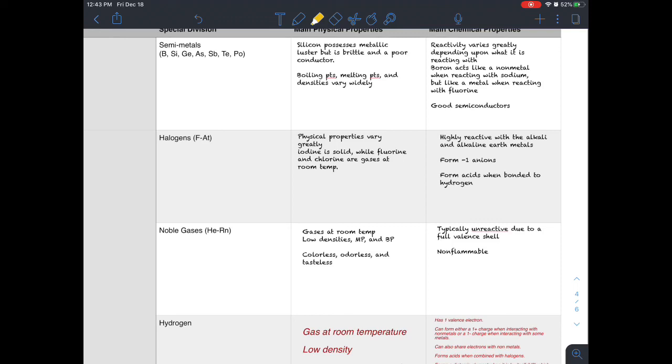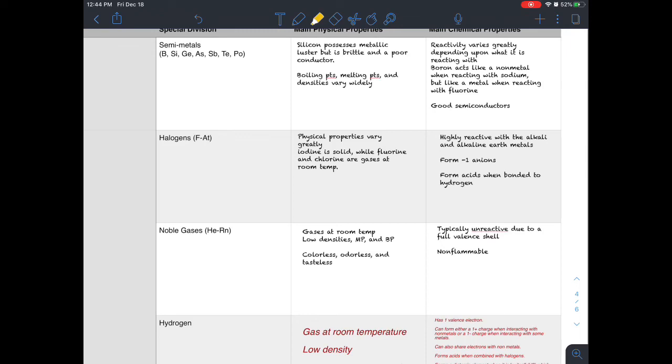So the first group that I want to talk about just a little bit here are the semimetals. These are going to be those elements that fall along the staircase. So we have bismuth, silicon, germanium, arsenic, antimony, tellurium, and then polonium.